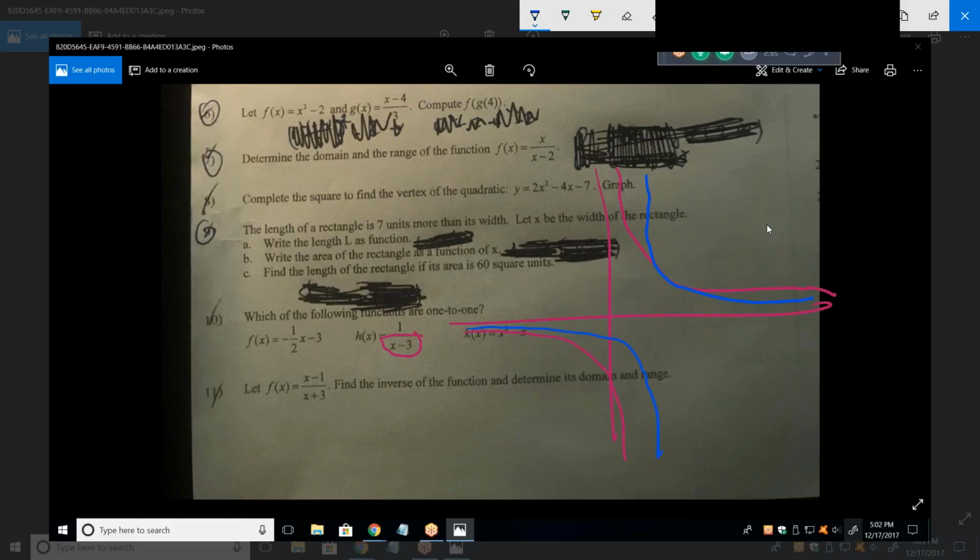It still passes both tests. It's just that our vertical asymptote now goes through 3, not 0, and we still have a horizontal asymptote through 0, but it's still one-to-one.